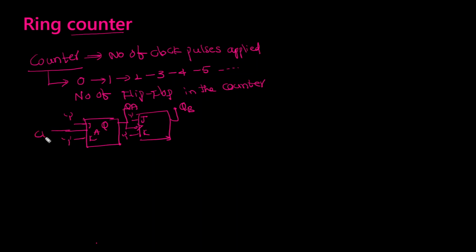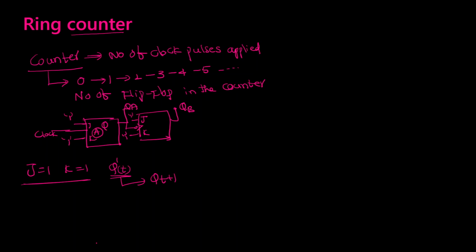Of course this is the clock. J equals 1, K equals 1 means the output Q at T plus 1 is Q bar of T. Next state will be the complement of the present state for both the flip-flops.